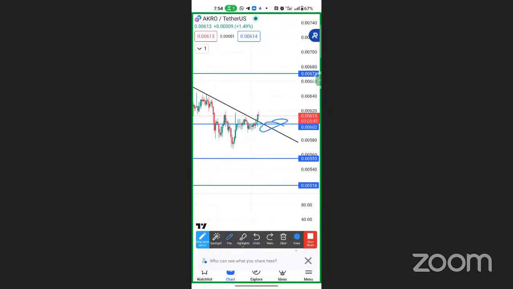But our diagonal resistance line has not been broken. Yes, the resistance line has been broken, but we are waiting for what we call a test candle, a candle that is going to close above here.